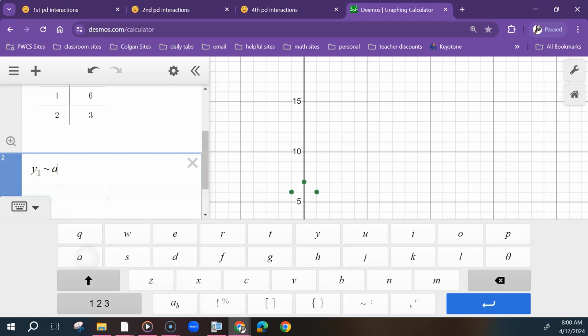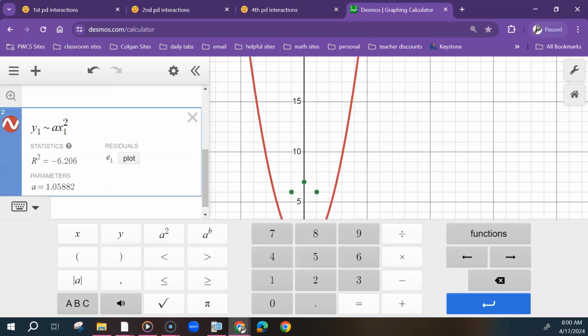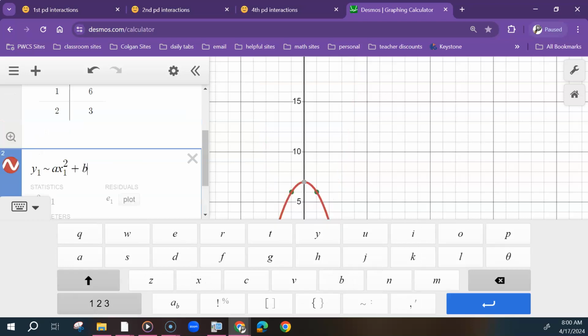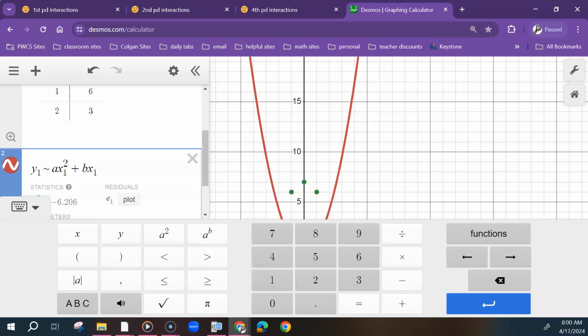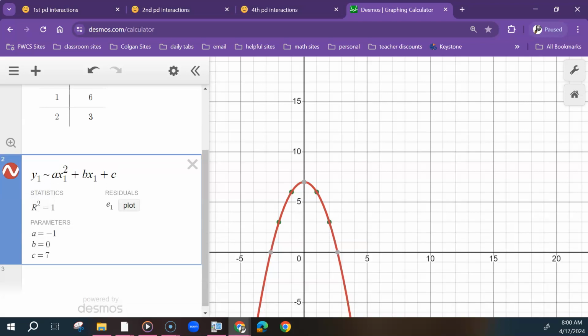Type in a x1 squared, plus bx1, plus c. And that would give us our quadratic curve of best fit, which was the same equation that we had before. Questions on that?